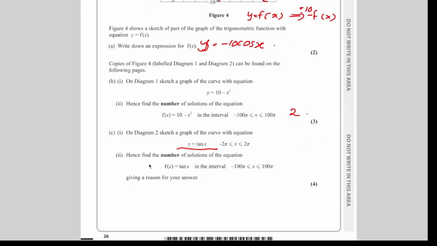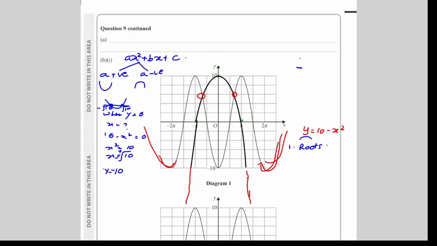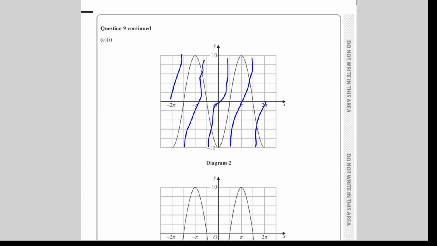Hence, find the number of solutions of the equation for minus 100 pi to 100 pi, giving reasons for your answer. Let's see how many intersecting points we get, since now we need minus 100 pi to 100 pi. Here, this is one intersecting point for pi.